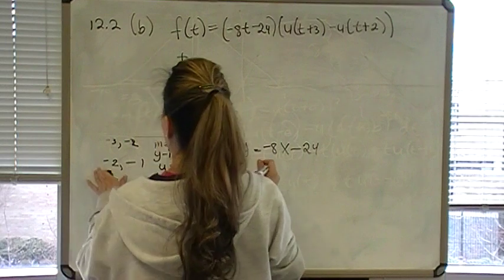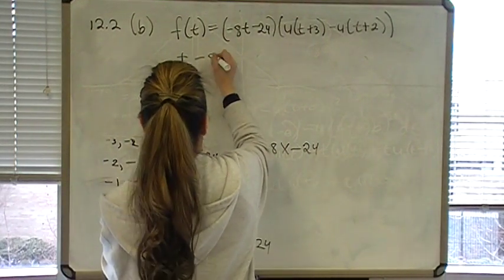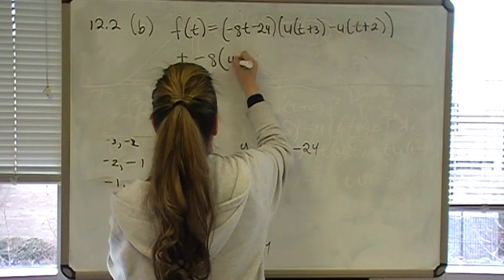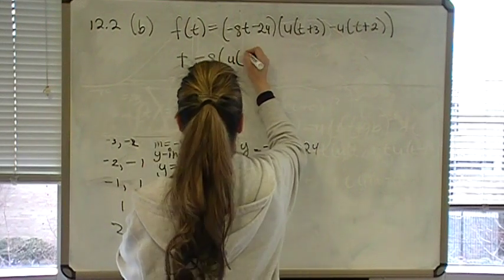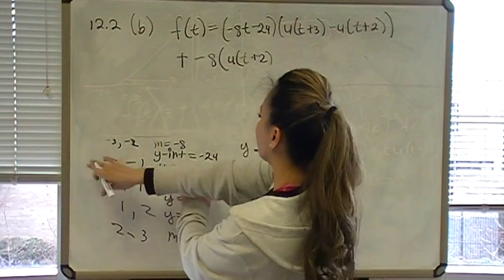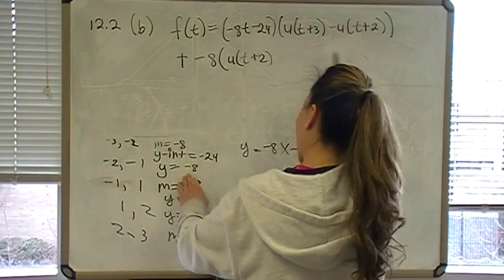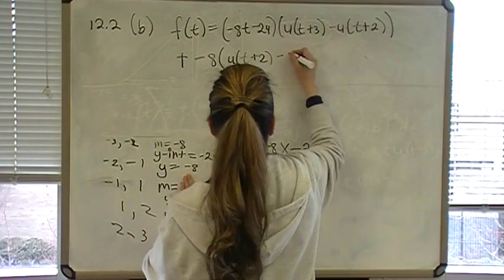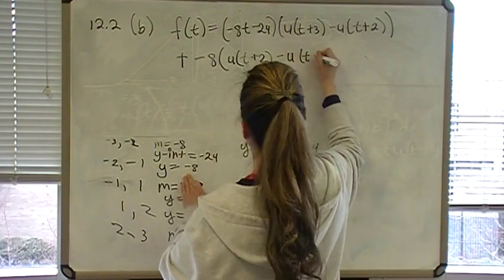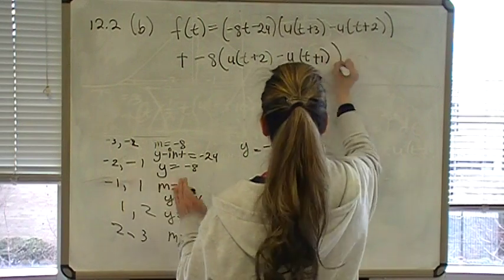Now we describe the interval from -2 to -1, and that was -8. -8 times u of t plus 2, because it's really t minus -2. We're subtracting everything before time -2, and then subtracting everything after time -1. So that's going to be minus u of t plus 1.